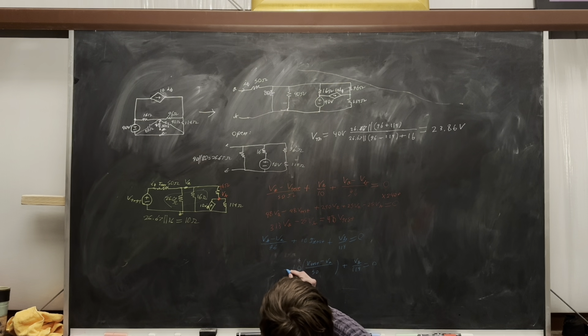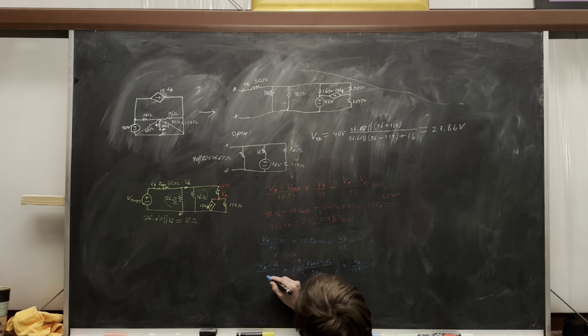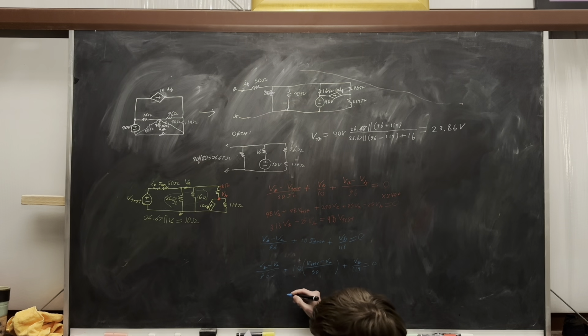And then same thing here, minus over 96. As it turns out, the common factor between all that is 9,120. That leaves us with some very unpleasant arithmetic.